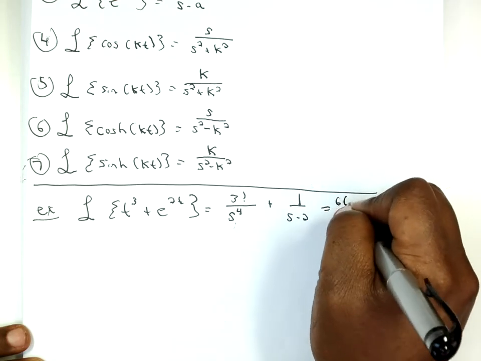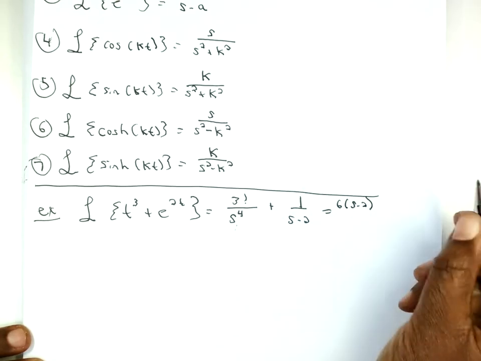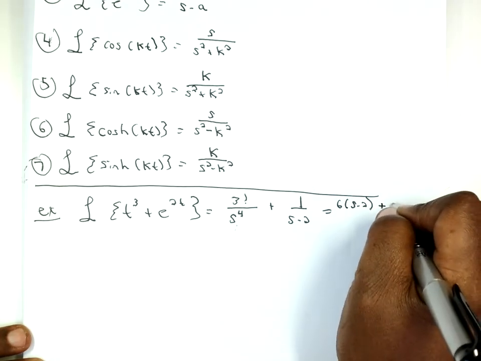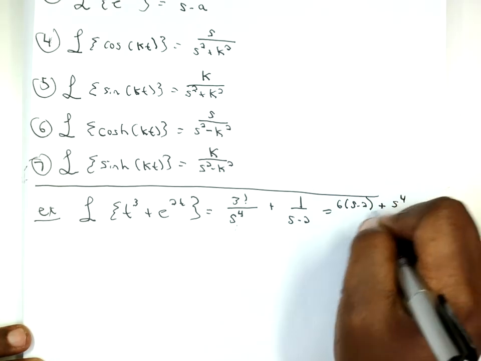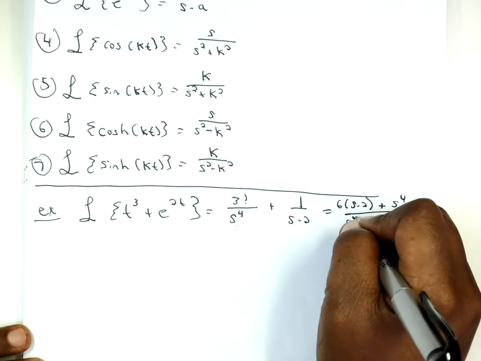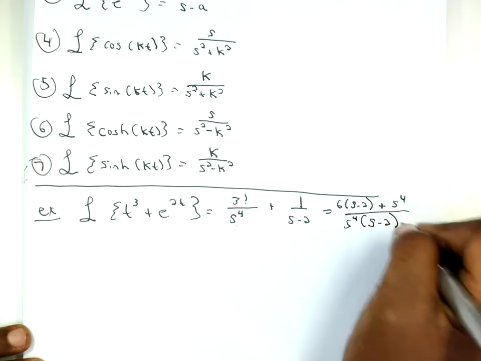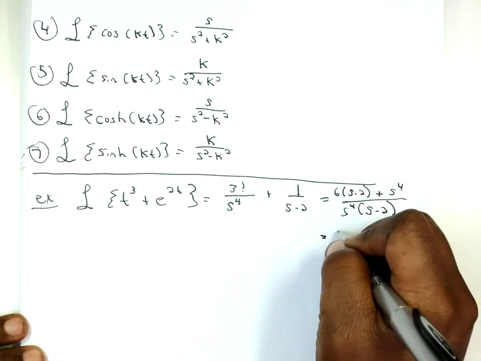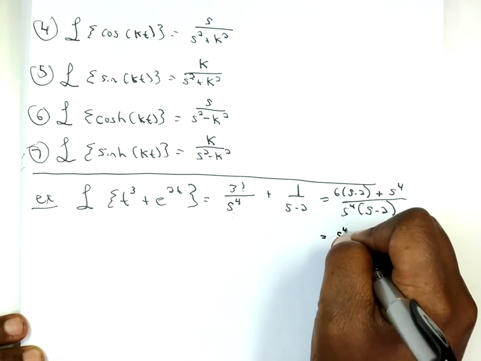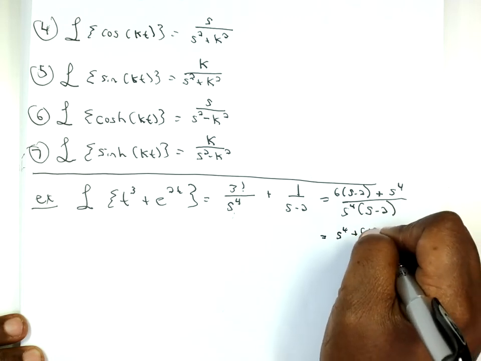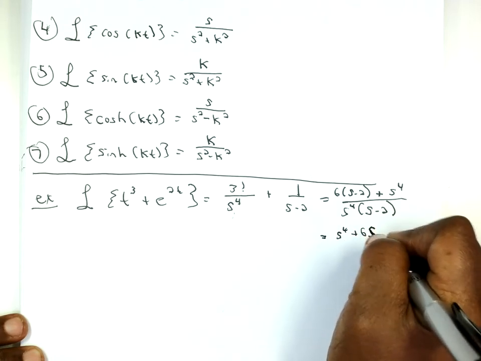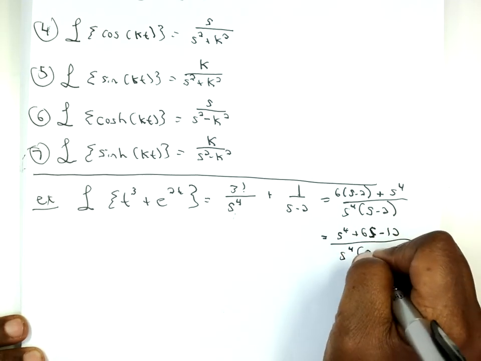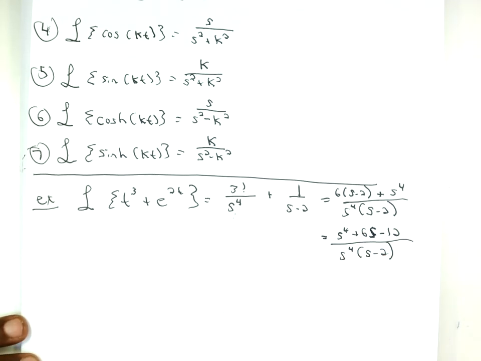So I get 6 times s minus 2. And then this one I have to multiply it by s to the 4th. So 1 times s to the 4th over s to the 4th times s minus 2. So that would give me s to the 4th plus 6s, s, not x, minus 12 over s to the 4th times s minus 2.